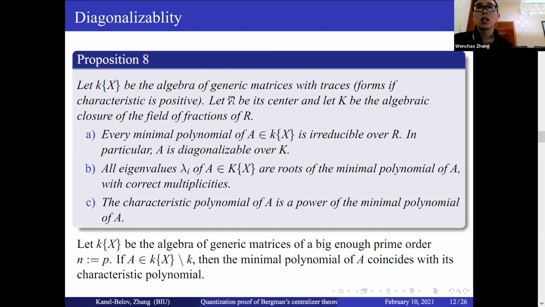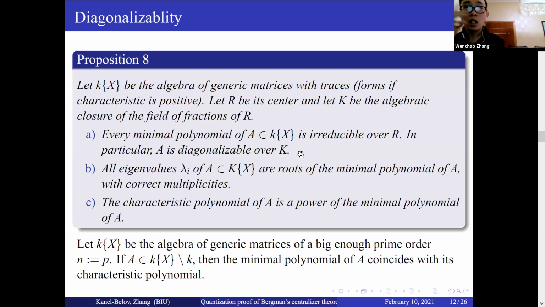As we showed before, if R is the center and K is the algebraic closure of the field of fractions of R, then the minimal polynomial of any element inside K[X] is irreducible over R, and in particular it's diagonalizable.